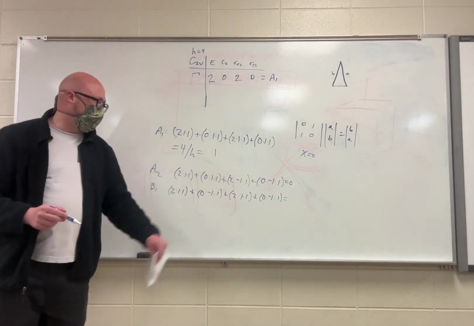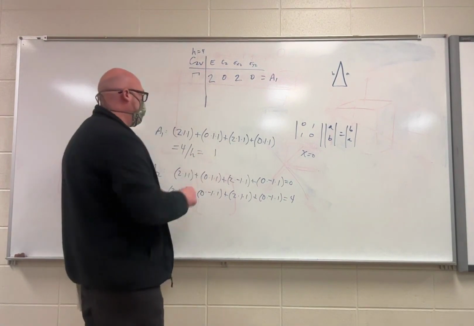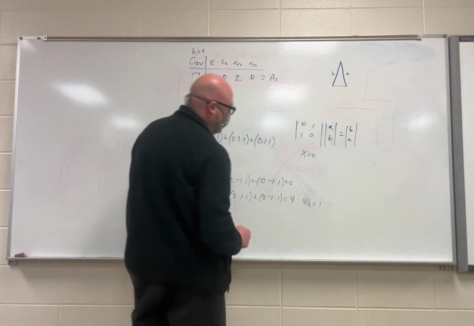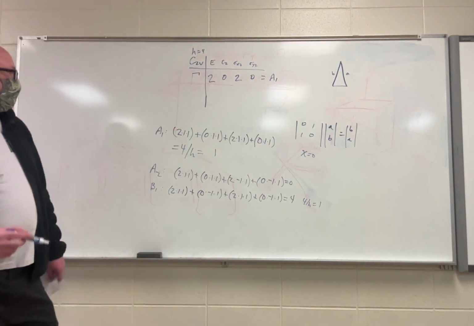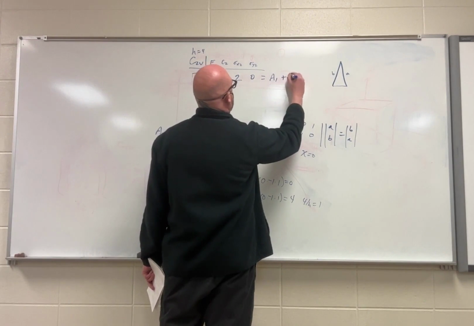So we have a sum of 4. Then we want to divide by the order of the group, and we get 1. So that means there is a B1 representation.